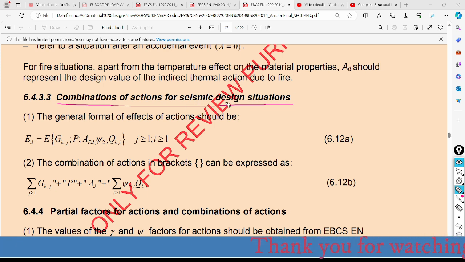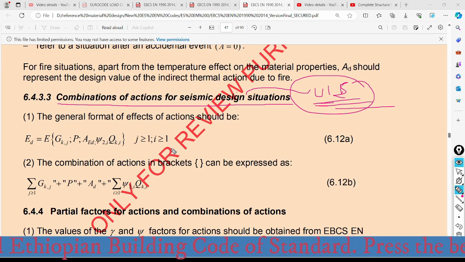So when we say the seismic design combination, this is the combination which will be considered during the design of the structure when it is located in a seismic region. That means this is the ultimate limit state design situation.